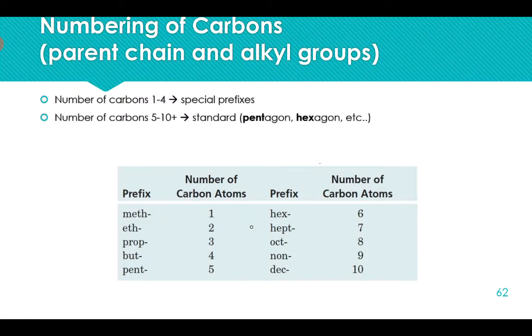So when we are numbering our carbons to figure out the longest chain, these are the names for however many carbons there are. 1 through 4, you just kind of gotta learn. After that, it becomes more normal. And I say more normal because pent means, like, you might be familiar with pentagon, and then hex means hexagon, and then stop signs are octagons.